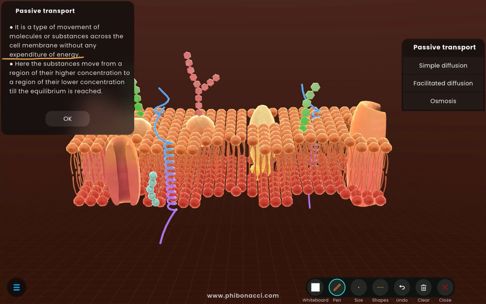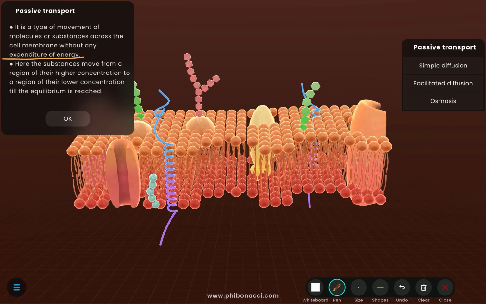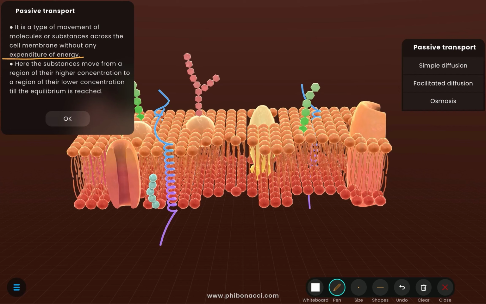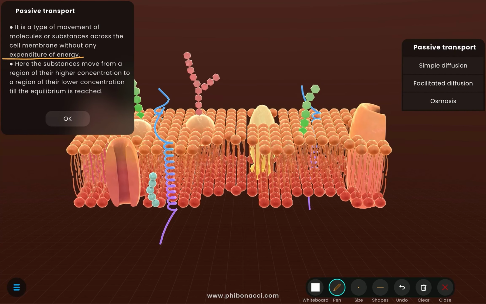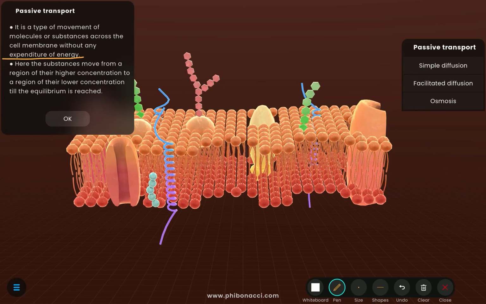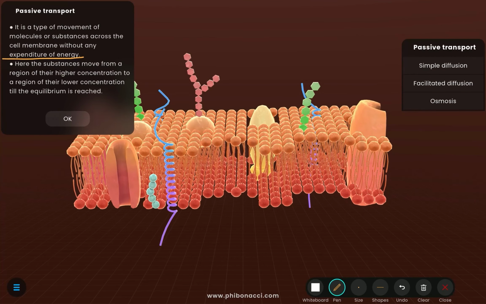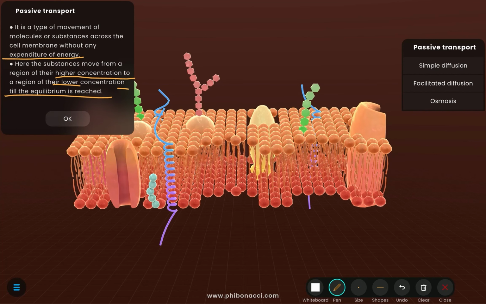The important thing to keep in mind while studying passive transport is that it allows the transport of substances from a region of higher concentration to a region of lower concentration. So the molecules are transported from a region where they are present in large numbers to a region where they are present in smaller concentration. Those are the two important things about passive transport.